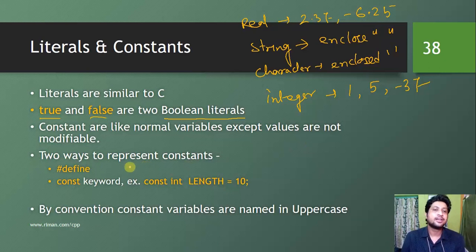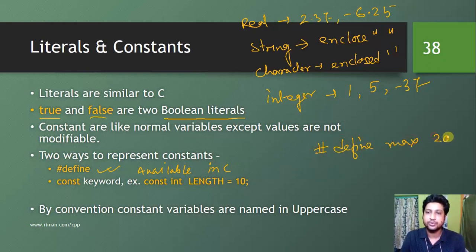There are two ways to represent constants. One is using the define keyword available in C as well. We have used this like #define MAX 20. So the value of MAX throughout the program becomes 20.